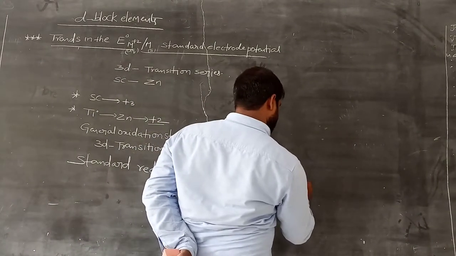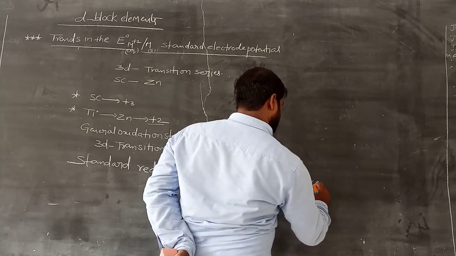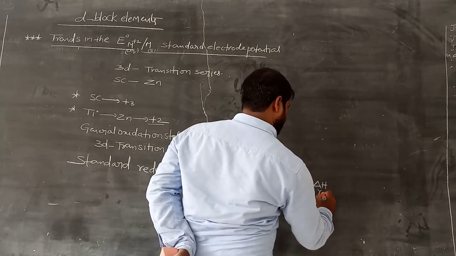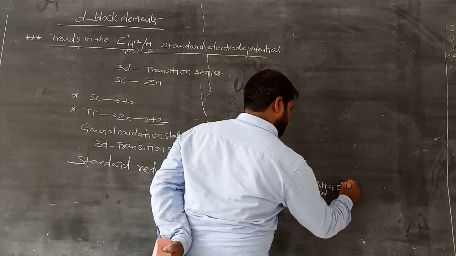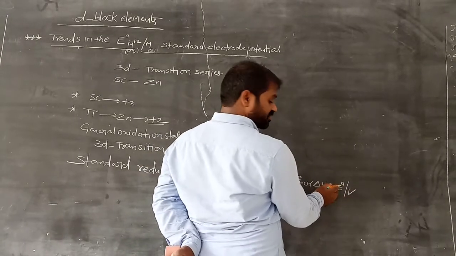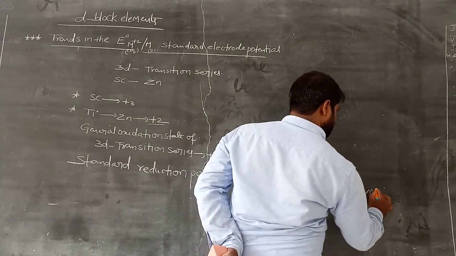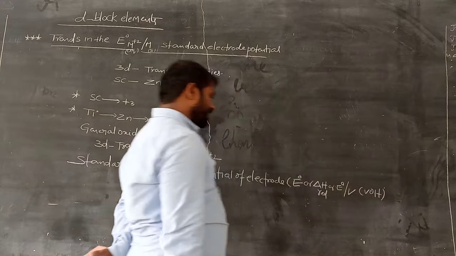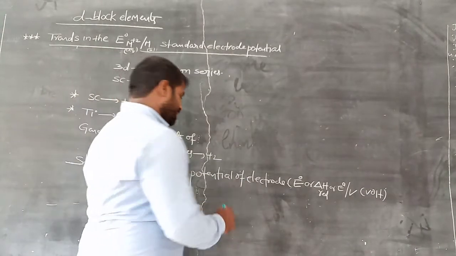We denote this as E naught. V means volt. Standard reduction potential in volt.